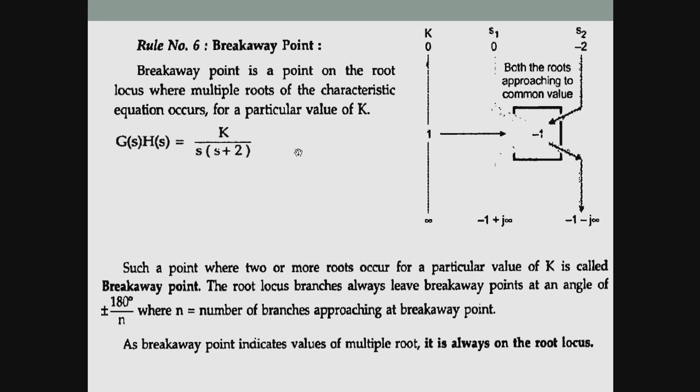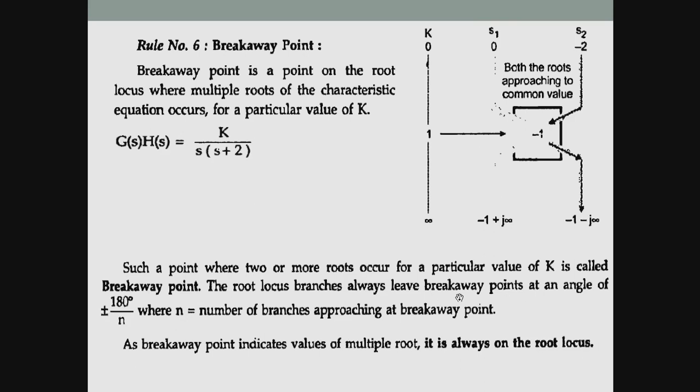Let us say g of s h of s equals k divided by s plus 2. The roots of this equation will be s equal to minus 2 and s equal to 0. When two or more roots occur, that point is called the breakaway point.